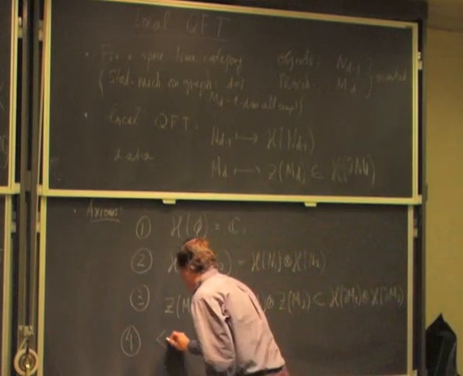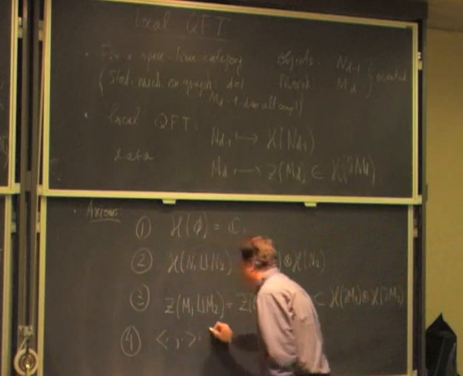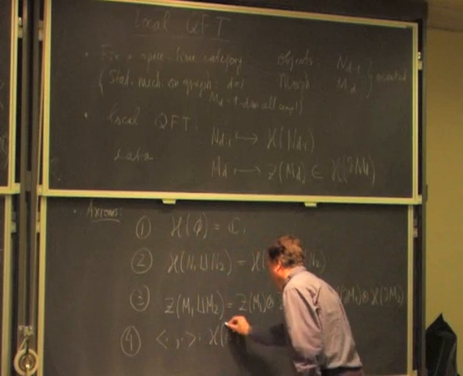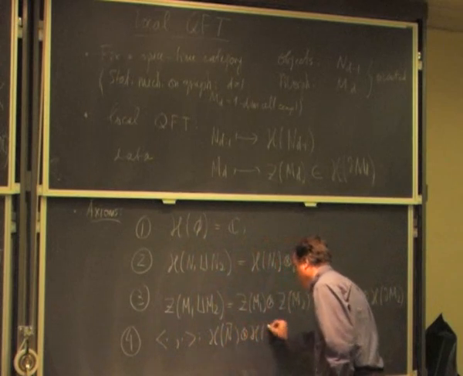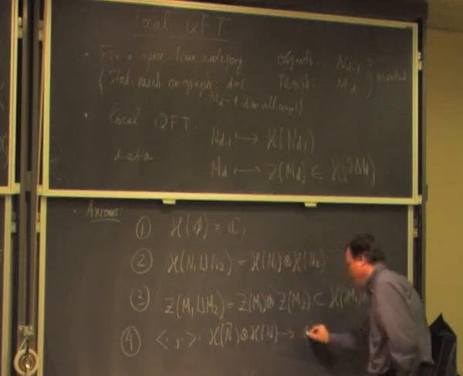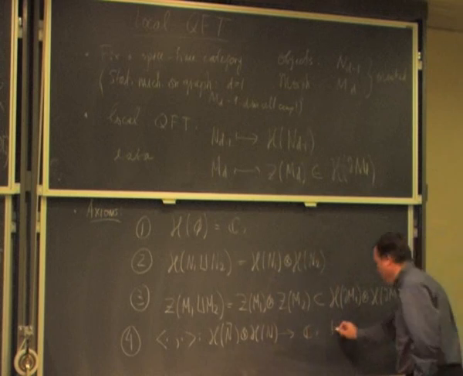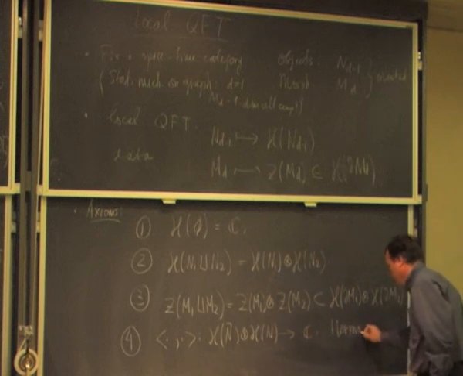So in this case, there should be a pairing between N and N with the opposite orientation, and this pairing should be Hermitian.